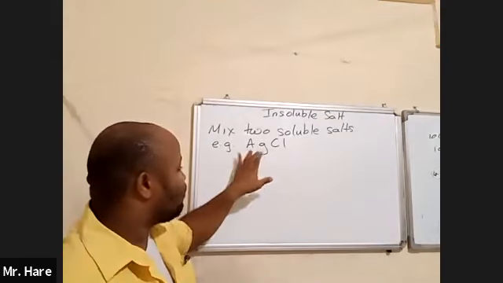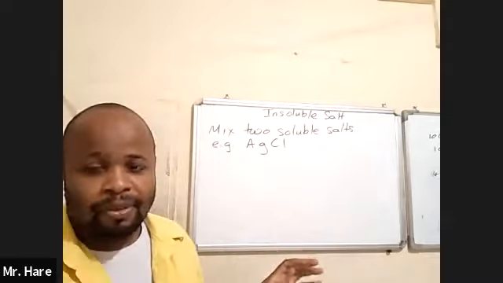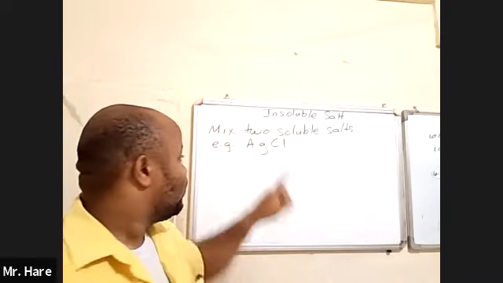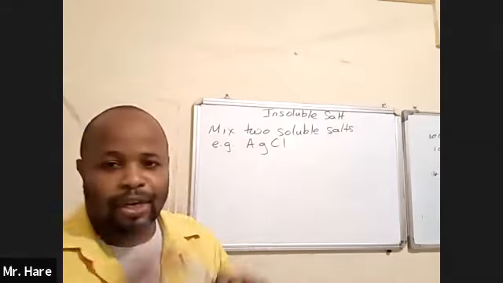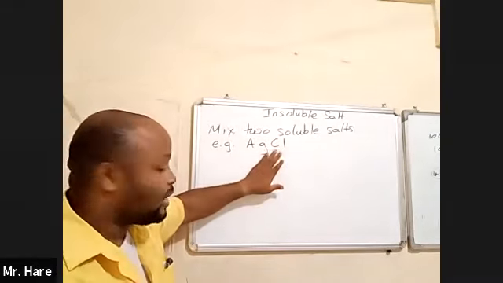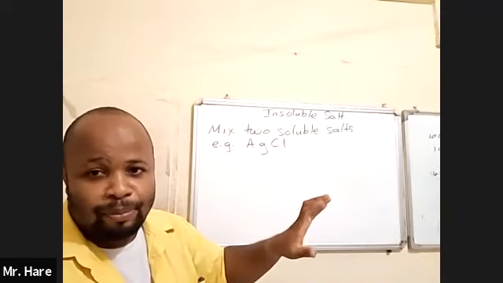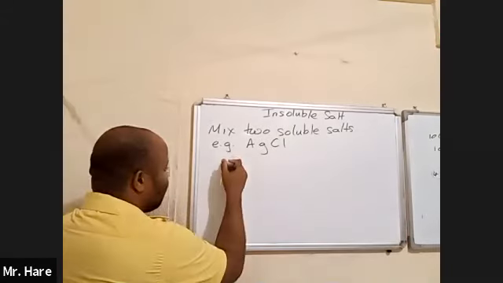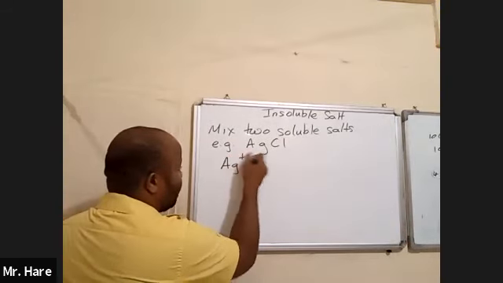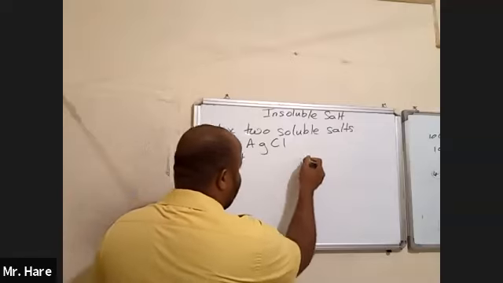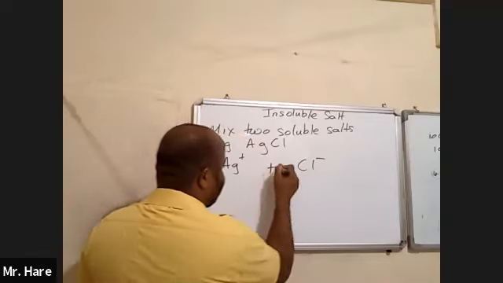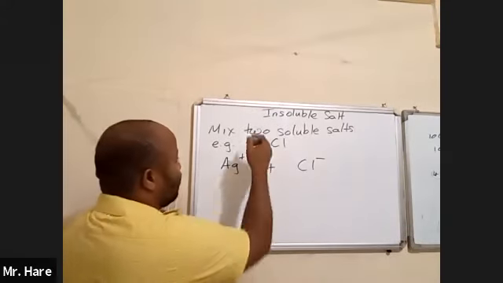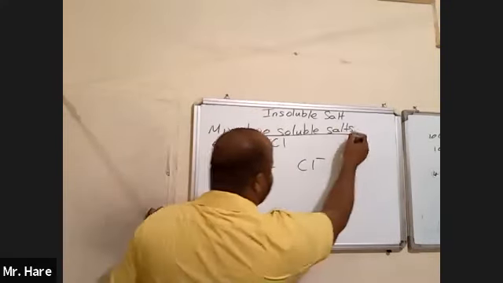So since silver chloride is an insoluble salt, we are going to need to mix solutions of two salts, one with silver and one with chloride. Here's how we do it. You get the salt and separate the silver ion from the chloride ion. Remember we said we are going to mix two soluble salts.